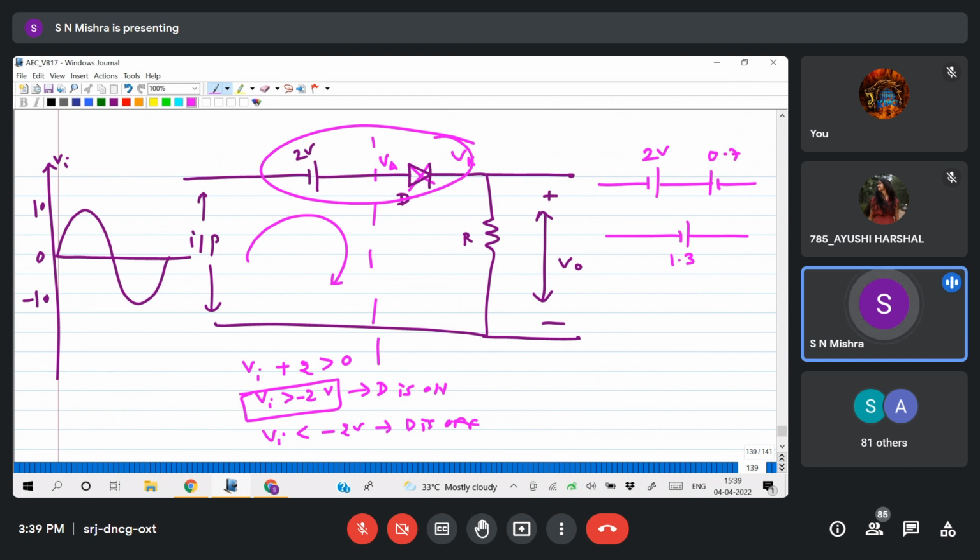So here whatever condition we have taken, Vi greater than minus 1.3, diode is on. Vi less than minus 1.3, D is off. On that day also someone has asked me if it is connected, then what is the result? This is the thing.